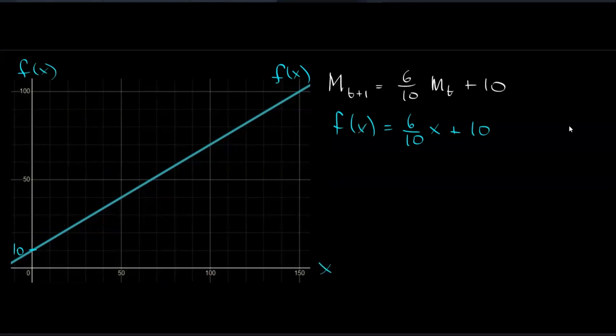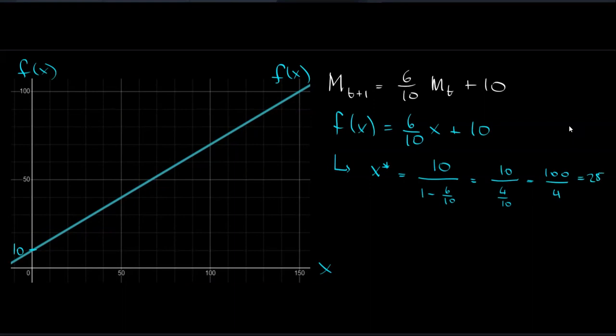Now, before we go any further, let's quickly compute the equilibrium of this equation. If we calculate x star, it's going to be 10 over 1 minus 6 over 10. This is 10 over 4 over 10, which is 100 divided by 4, which is 25.